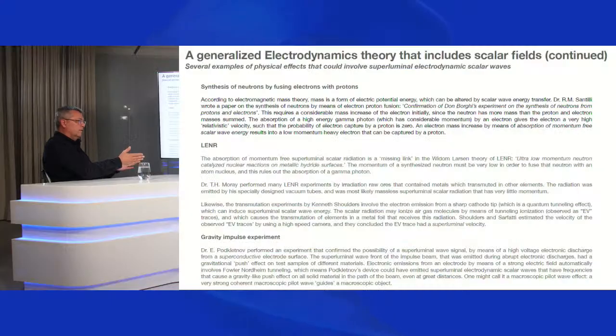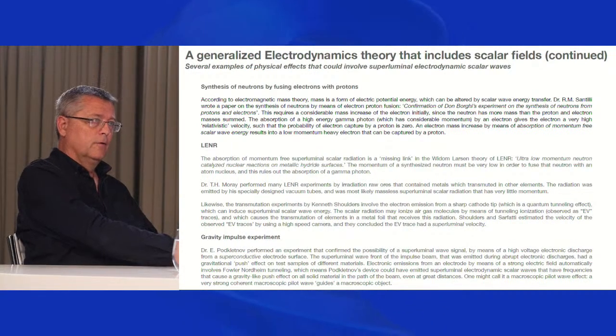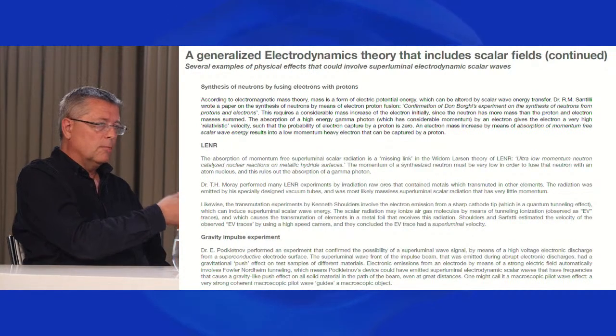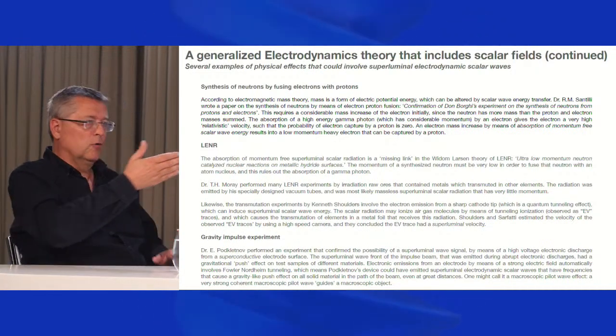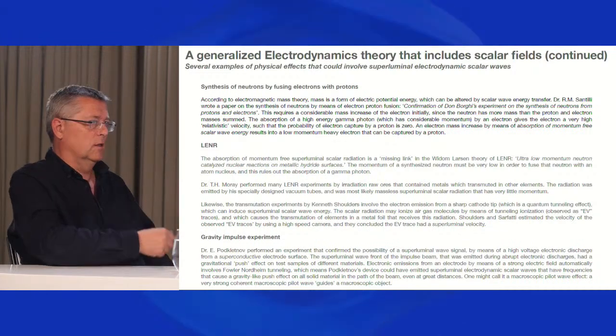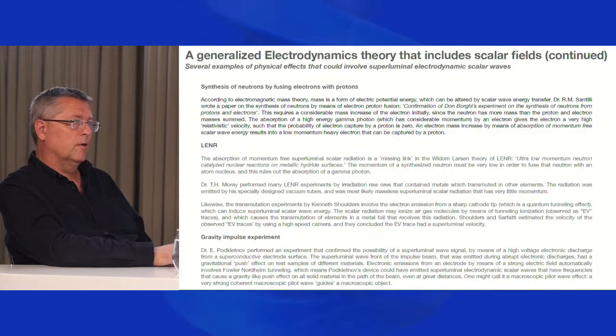And from that, you can calculate the gradient, and then you have gravity. So that's a bit involved. But if you think of quantum information as superluminal scalar fields, then it becomes something that is engineerable. And for that we need this superluminal quantum tunneling motion, actually, which is actually displayed by the Podkletnov experiment.